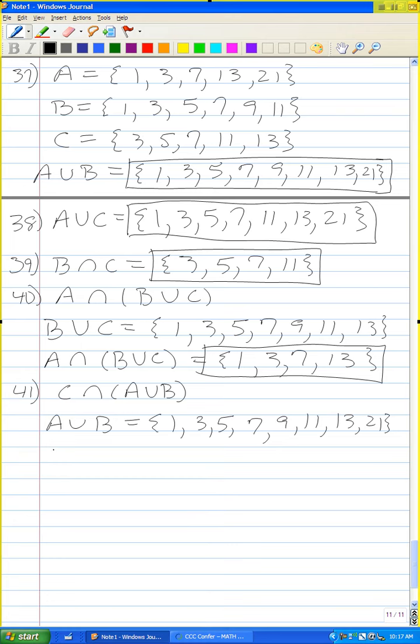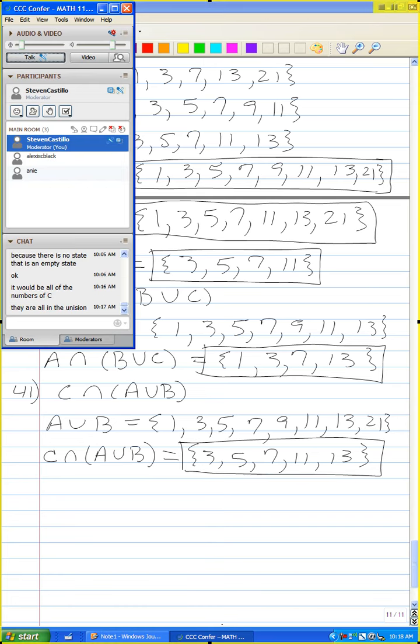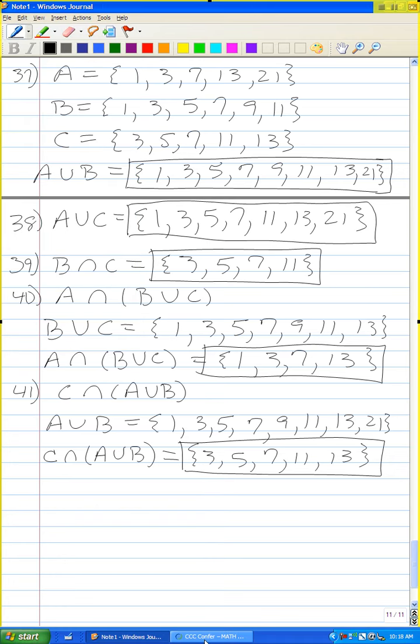And let's see what the overlap is between that set and the set C. So in the set C, there's a 3, there's a 5, there's a 7, there's an 11, and there's a 13. Except for the 1. Oh, no, actually, it is everything. 3, 5, 7, 11. Yeah, it's everything.